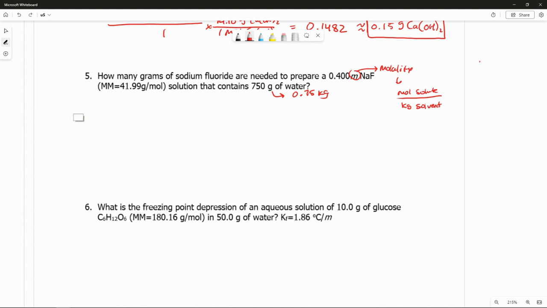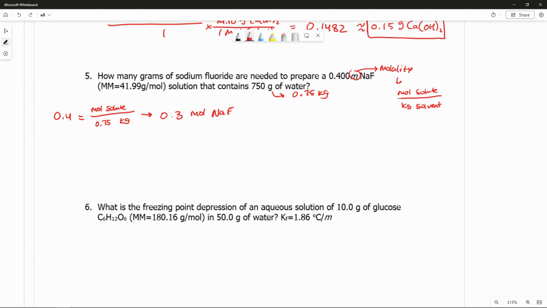We're going to have 0.4 molal, being the molality, equals the moles of solute over the kilograms we just found, 0.75 kg of solvent. Multiply 0.75 by 0.4 to get moles of solute on its own, and you are going to get 0.3 moles of NaF, sodium fluoride.